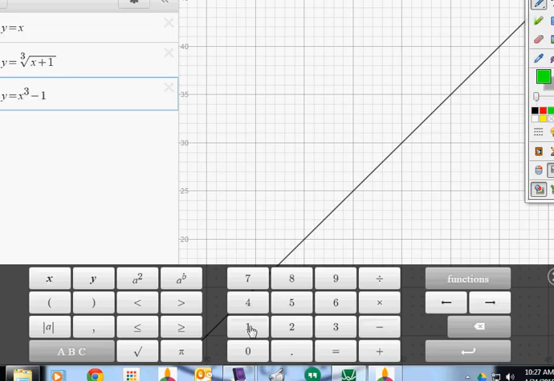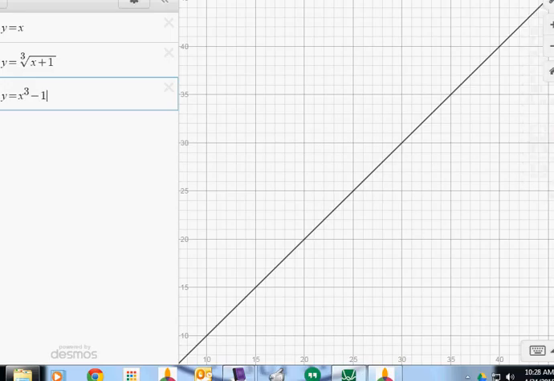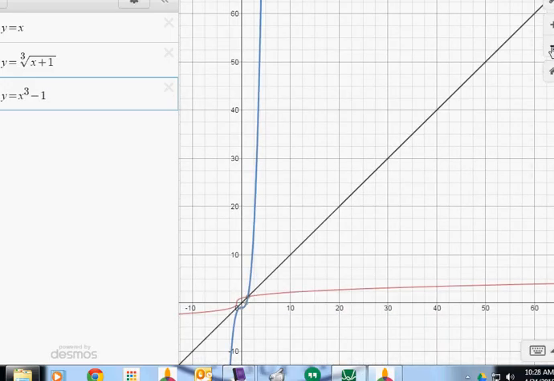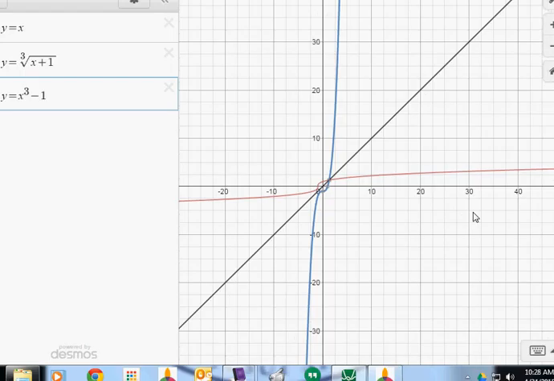All right, now I still can't see anything. On your screens, are you guys seeing what you need to see? I got nothing here, so I'm going to have to make this a lot smaller. There it comes. Do you see it? Do you see how crazy a cubic function looks? Yeah, it does look like a snake.